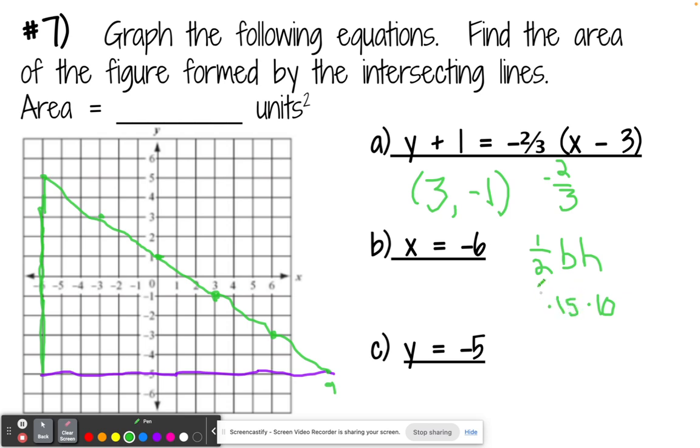And 1/2 times that. This will tell me the area of a triangle, actually any triangle, but this is a right triangle. 15 times 10 is 150, and half of that is 75. So the area of this triangle is 75 units squared.